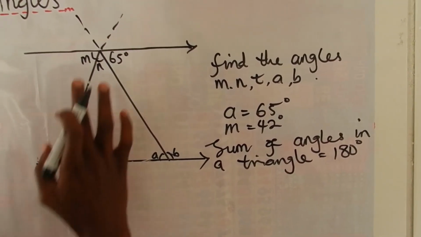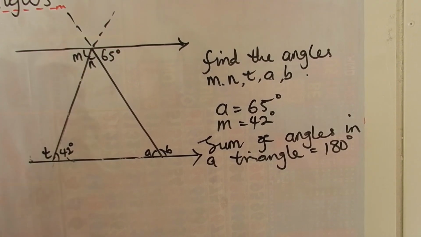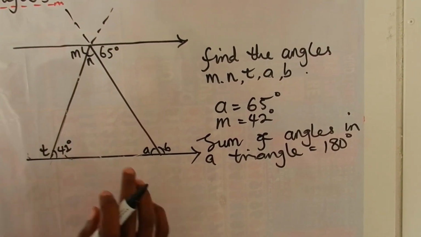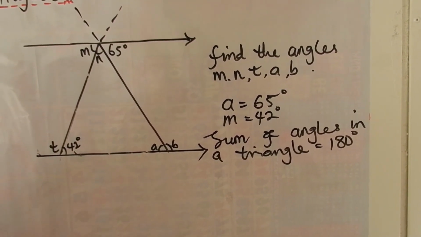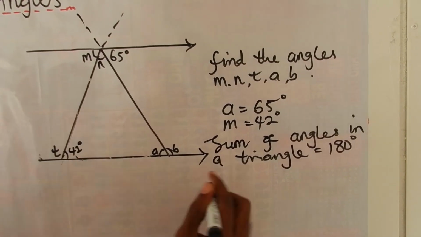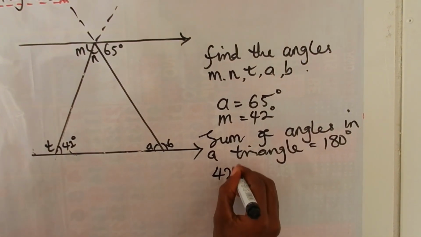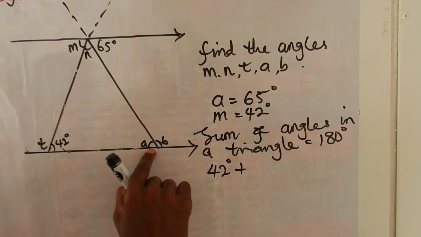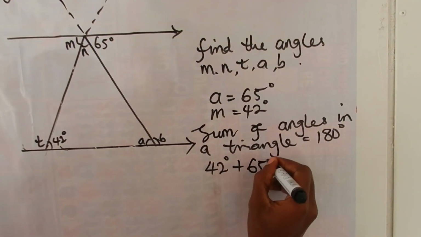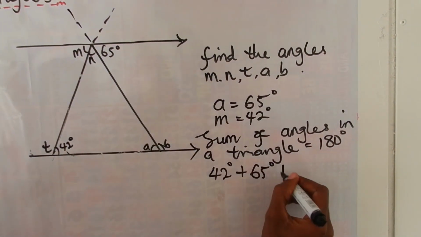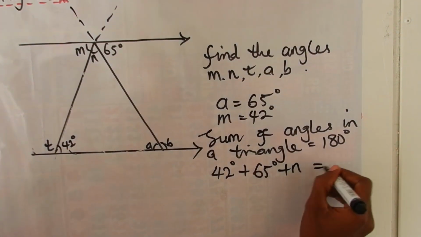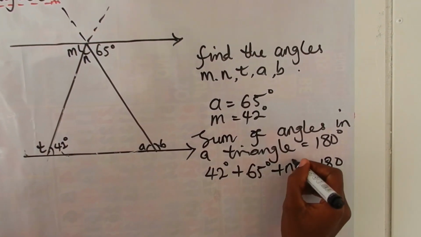Okay? The sum of these three angles is equal to 180 degrees. Now what do we say? 42 degrees plus A, we have our A at 65 degrees, plus N equals 180 degrees.